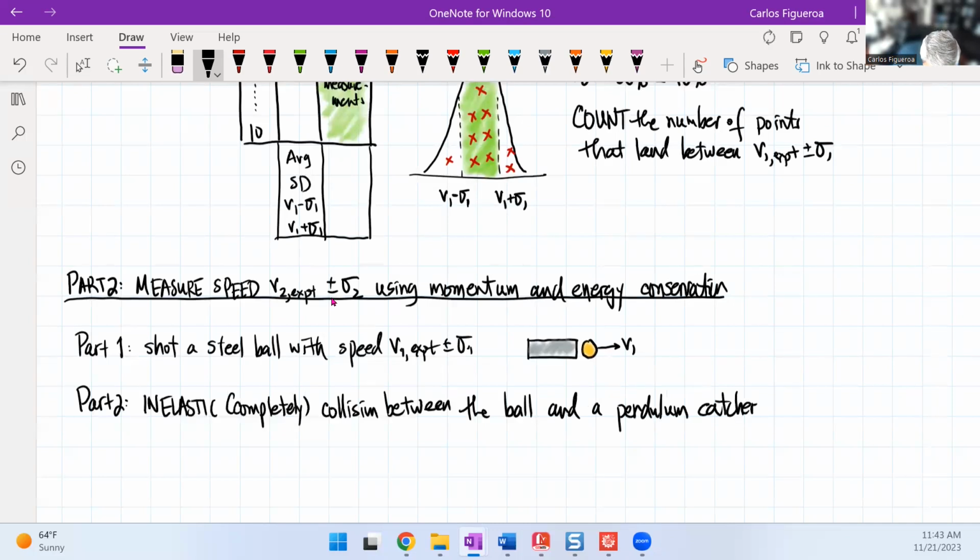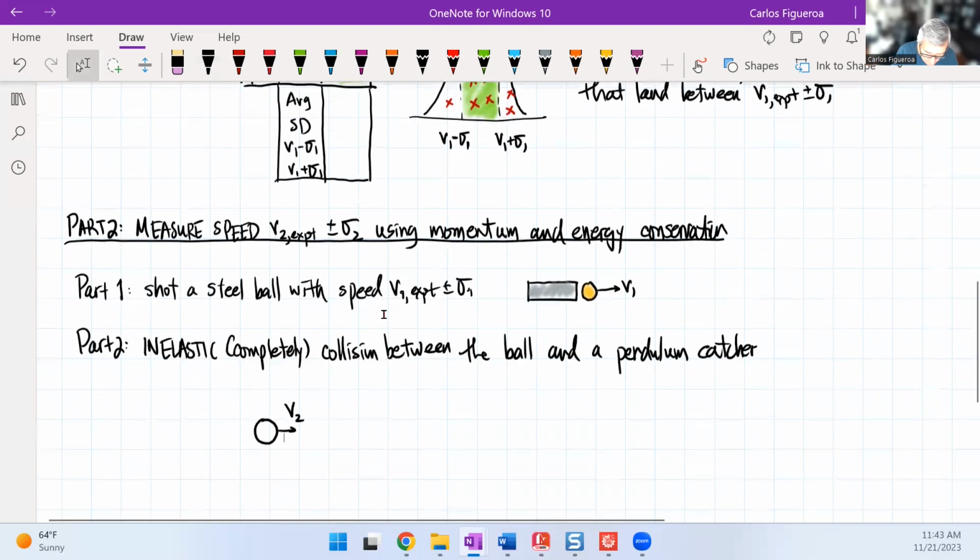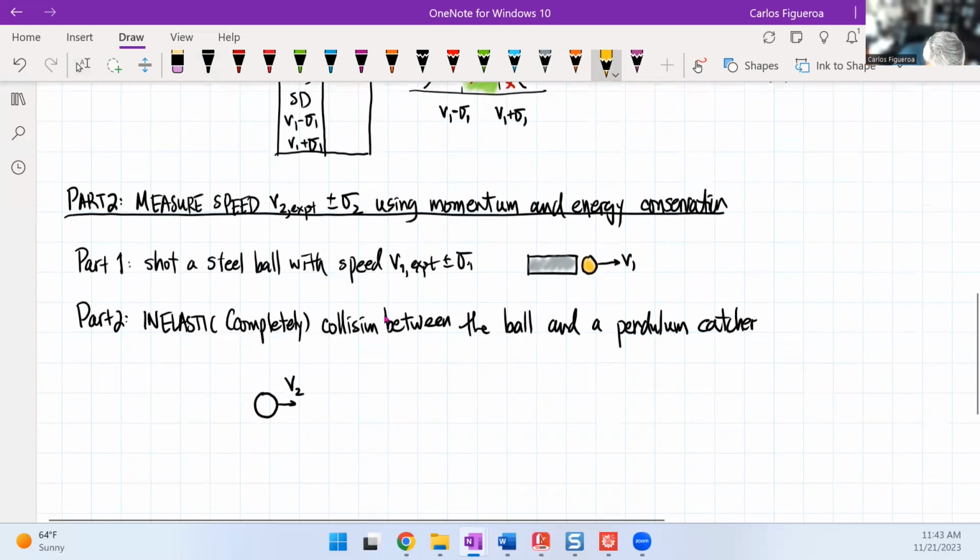So in other words, I have my ball coming in, but now I don't call it V1, I call it V2. So I see my ball coming in, and now I have a pendulum catcher.